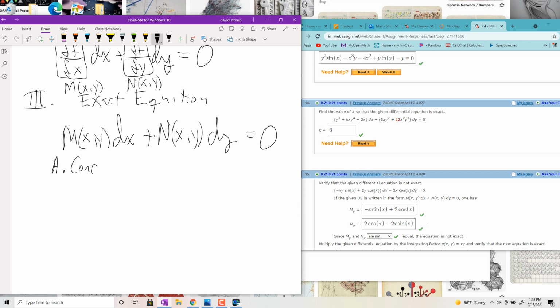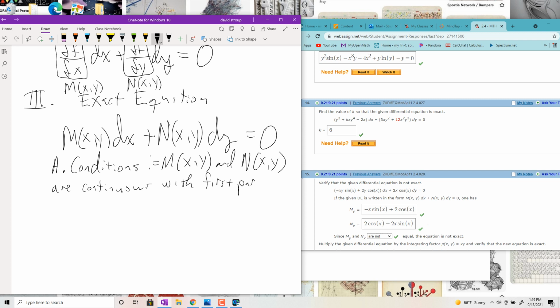So let's make note of that. The conditions for solving these exact equations: we need M of x comma y and N of x comma y to be continuous with first partial derivatives, and I need the partial of M with respect to y to equal the partial of N with respect to x.